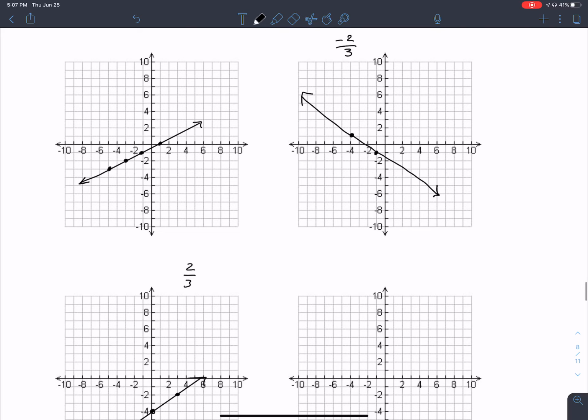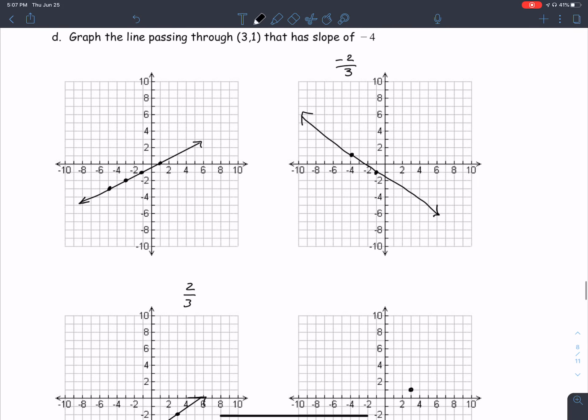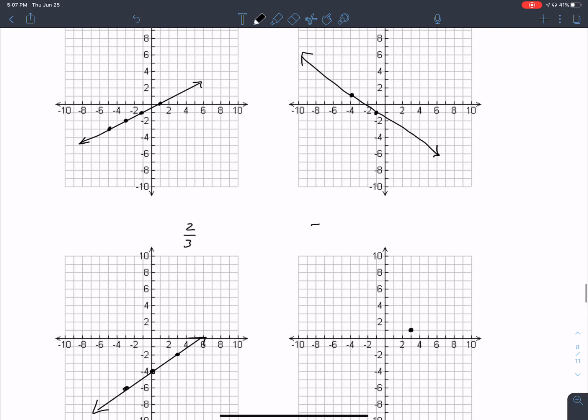So (3, 1). We're going to graph that first. So over 3, up 1. Okay. That's the point (3, 1). Then it has slope of -4. Okay. I don't have a denominator here. So anytime it's just a whole number, I'm going to give the number a 1 on the bottom. Okay. I'm still going to keep the negative up top. But I'm going to put a 1 on the bottom to make it a fraction.